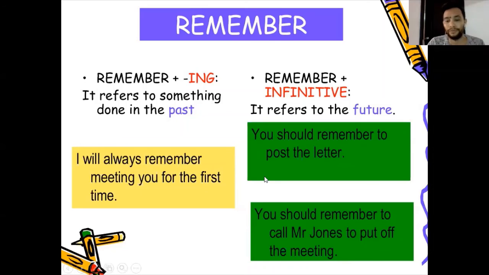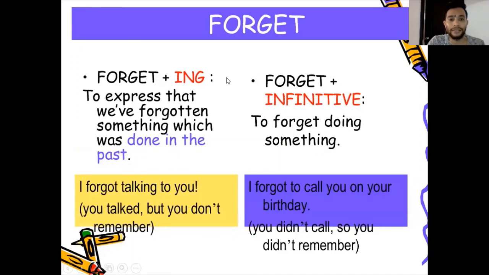There you go. Next one, we got forget. Forget ing, again, it has a past intention, like to express that you've forgotten something which was done in the past. Aquí la acción fue hecha, solamente que no la recuerdas, right? I forgot talking to you. You talked to me, but you don't remember, right?